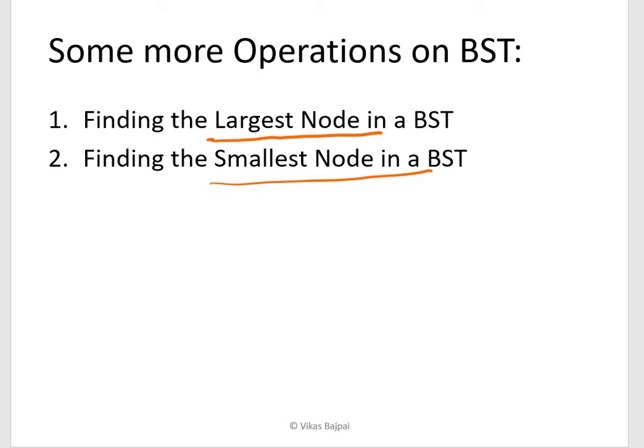I'm not going to give you the algorithm for it because you've already done the search operation, but let me give you a trick to find the largest and the smallest node. This trick is derived from the operations and the property of my binary search tree. Let me take one example to explain this concept.